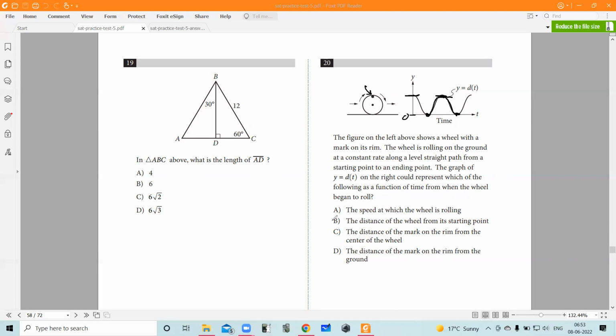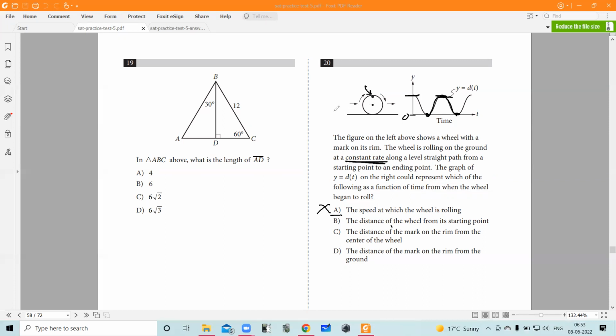So what could this represent? Let's try the speed at which the wheel is rolling. Is the speed going up and down? No. It's a constant rate. Constant rate means speed is the same, so you cannot have speed up and down. Next, the distance of the wheel from its starting point.